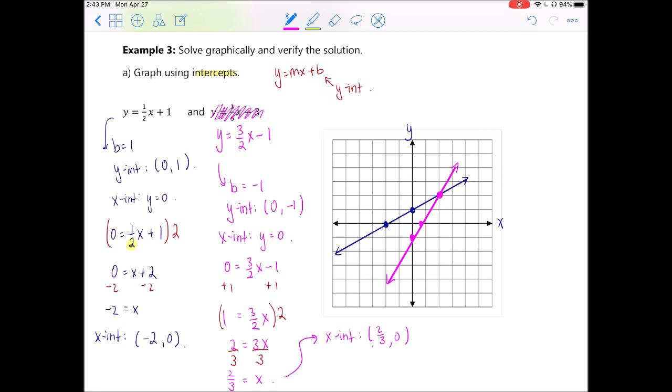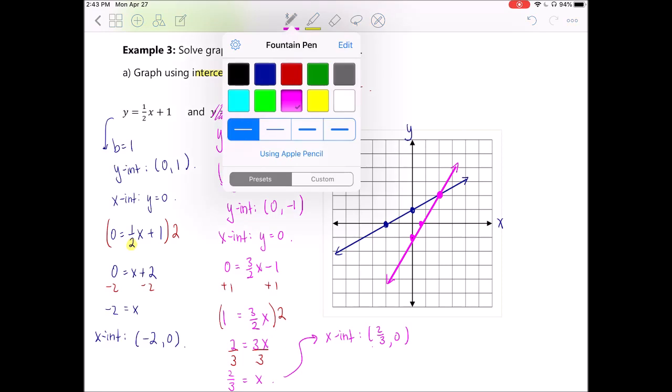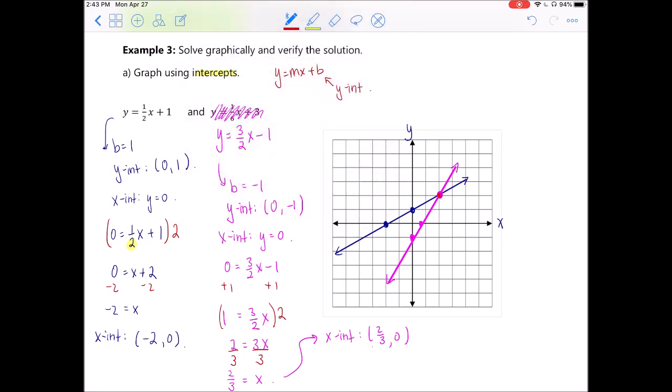So make sure you do it carefully. And so notice that this is our intersection. The coordinate is 2 and 2. So solution set is 2 and 2. Now it's time to verify if 2 and 2 is actually the solution.